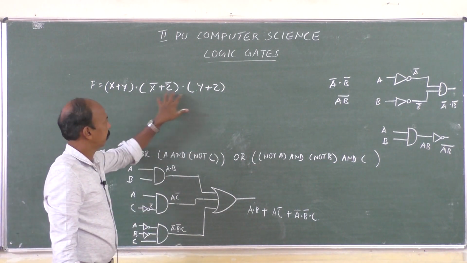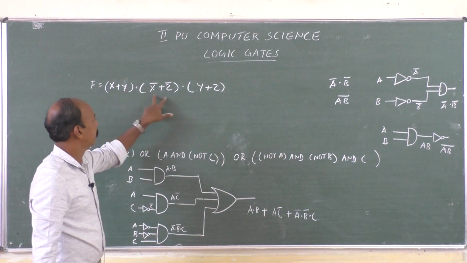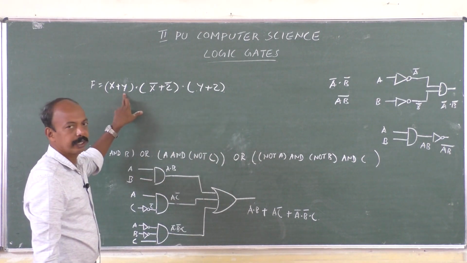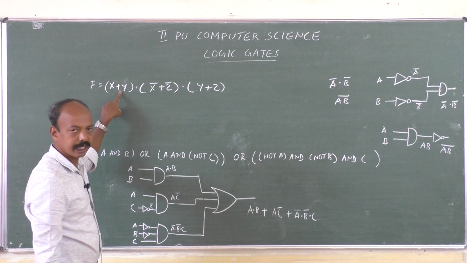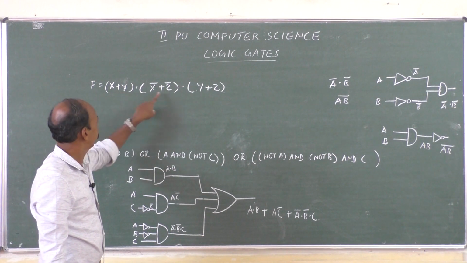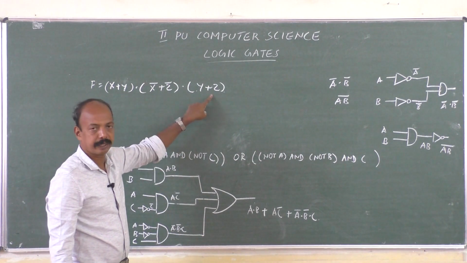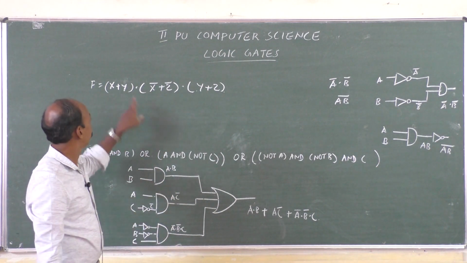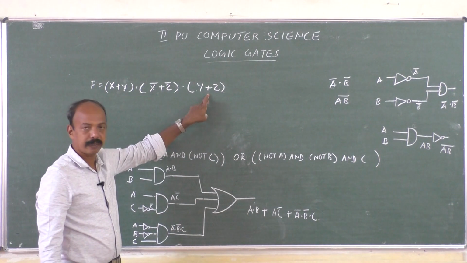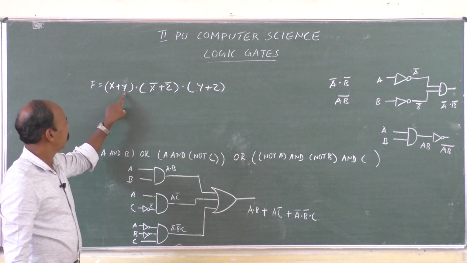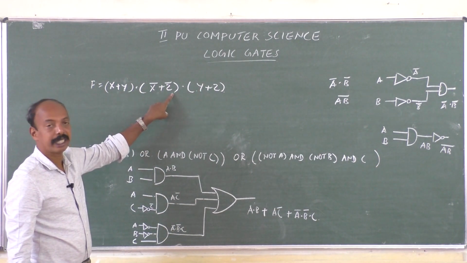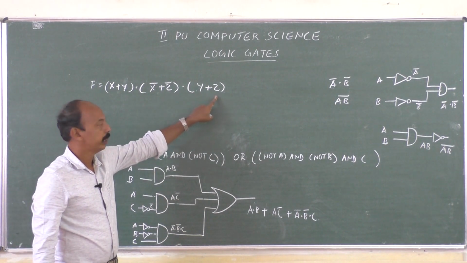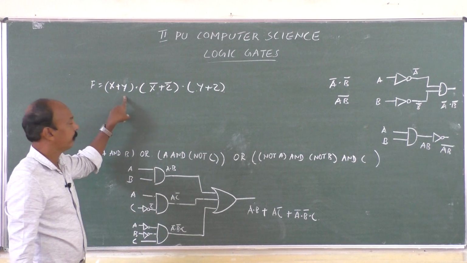Two variables in each term. Here x and y. So in the first level, what we need to take, here it's OR gate, here also it's OR gate. In the earlier example we took the AND gate in the first level, but here it is the OR gates in the first level. Here both the variables x and z are complemented, here direct variables. So you write the OR gate and feed these values.